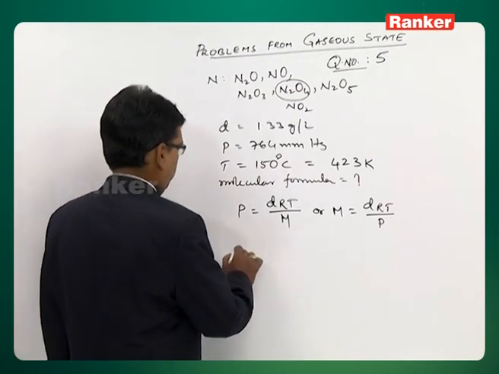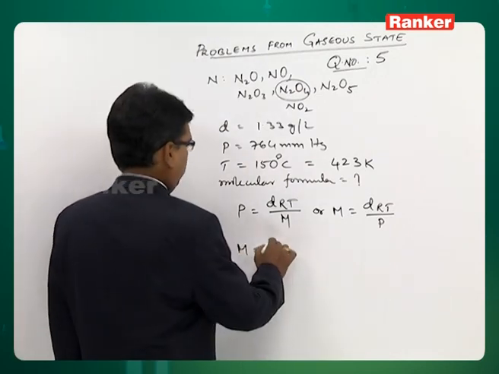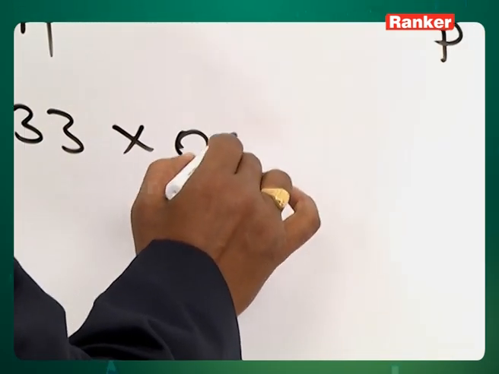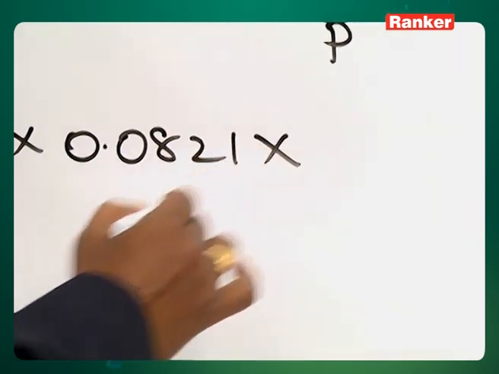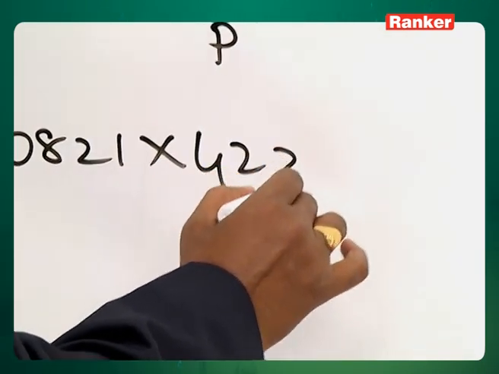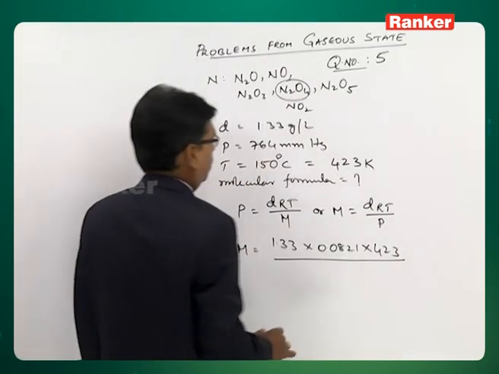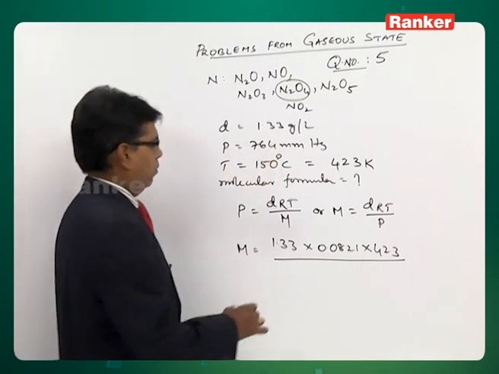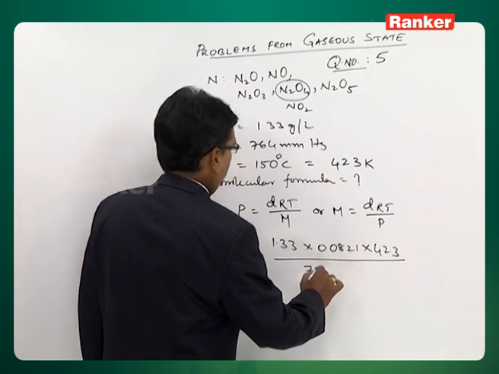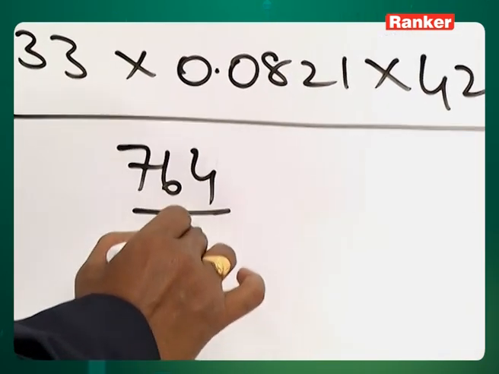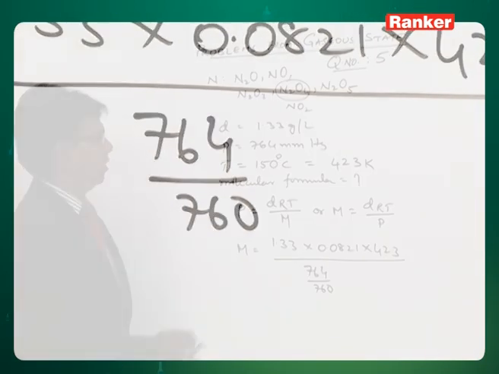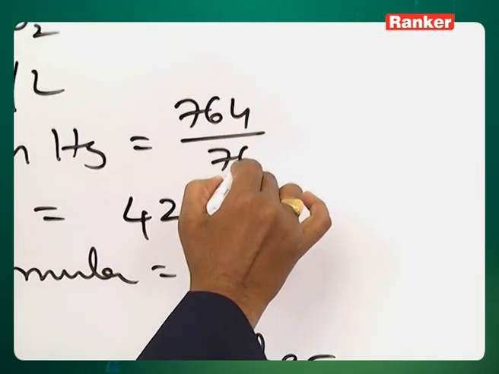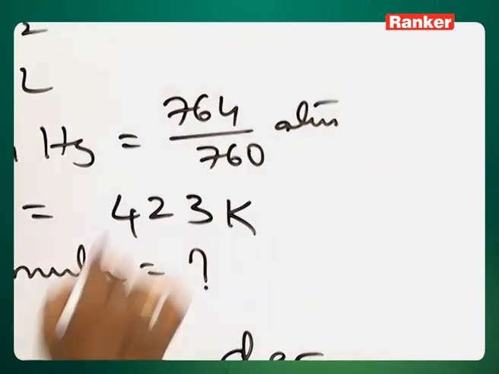So, M is equal to density 1.33 into 0.0821 into temperature 423 by pressure. Pressure is 764 mm, 764 by 760 atmosphere.